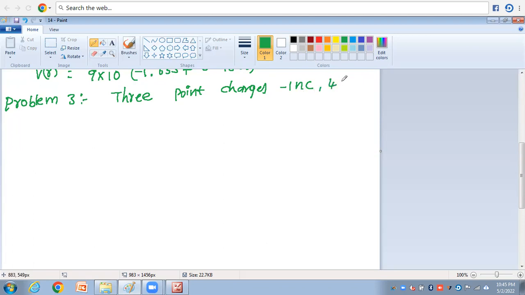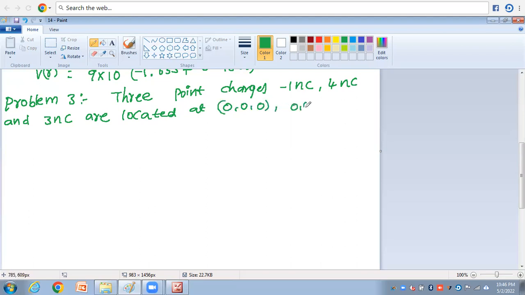Another point charge is 4 nanocoulombs, and the third is 3 nanocoulombs, located at 3 different points respectively, 0, 0, 0.